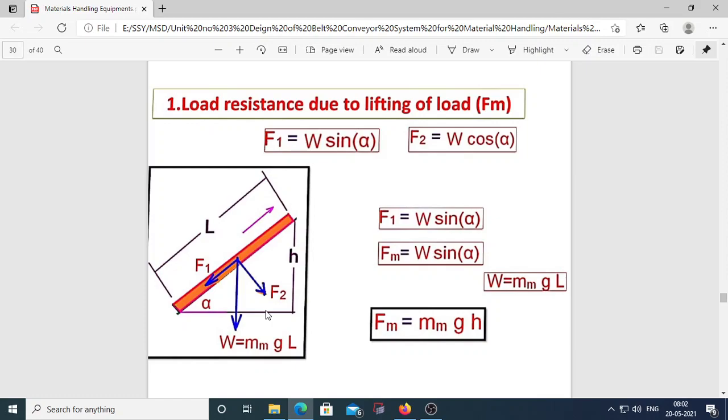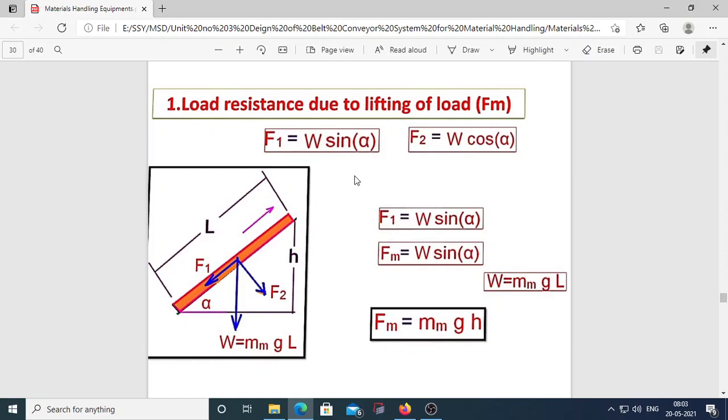This is nothing but capital M by small v. Again, what is capital M? Capital M is the capacity of the conveyor, or we can say the mass of the material carried by the conveyor. And v is the belt speed. Then you will get the formula.